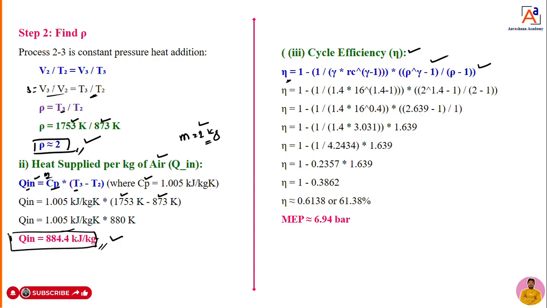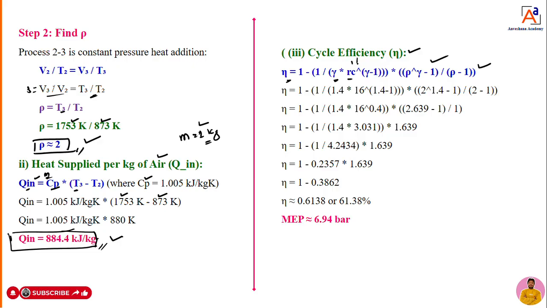If you have any doubts, you can go back to my derivation video, where you can get the things clear. Now I will use that derived equation and substitute all the values. Gamma is already given, that is 1.4.